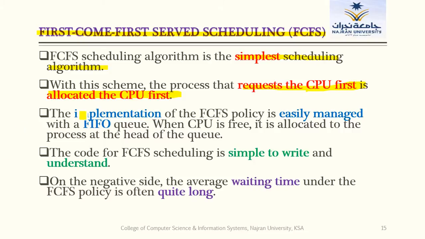If we are going to implement this algorithm, it's also very easy and easily managed with a first in first out queue, because you already have some introduction about queues in the data structure course. So first in first out: the process that comes first goes out first.